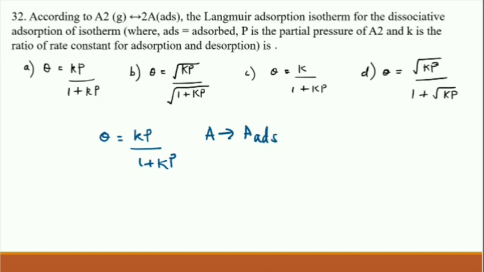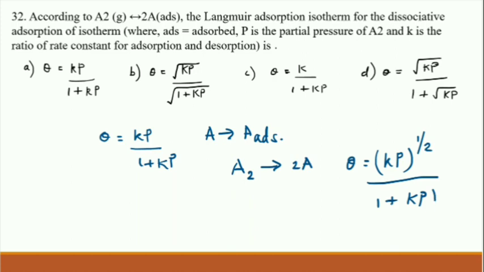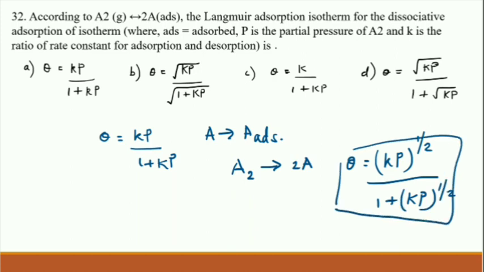But here it is given A2 to 2A, so the equation becomes (Kp) raised to half divided by 1 plus (Kp) raised to half. So the answer will be root of Kp by 1 plus root of Kp.